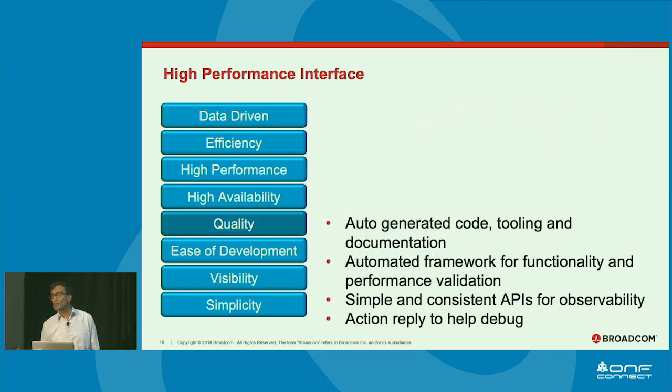Quality automatically comes up. Once we move to a data-driven, model-driven world, the quality naturally comes because you automated. You can automate your functionality testing. You're able to automate even the performance validation and things like that. And then there is a bunch of additional functionality that we have added where you could record what happened and replay those things.